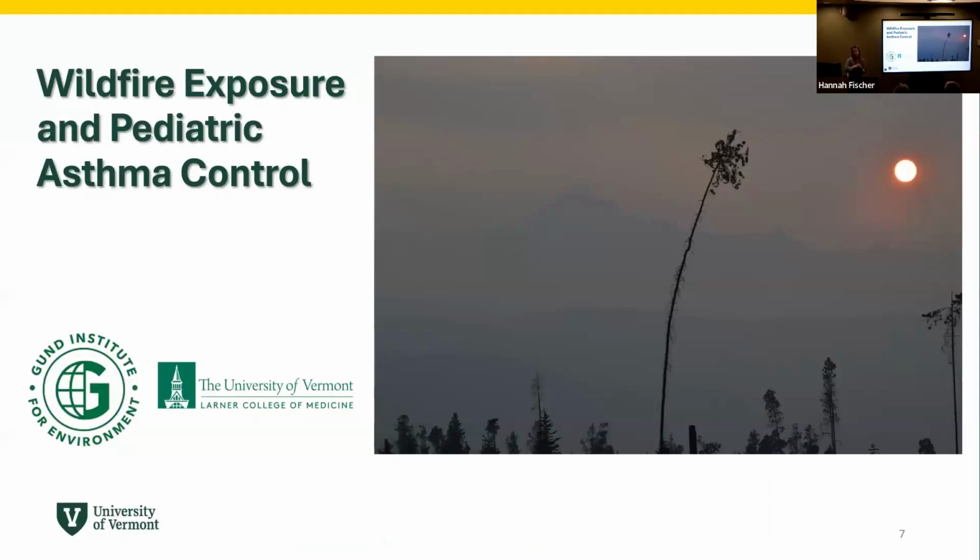We also did this wildfire smoke exposure and pediatric asthma control work. This was led by a PhD student in the Gund, Anna Massel, and my whole purpose was basically to show the distribution of PM2.5, a pollutant within wildfire smoke, and how it was distributed across zip codes as we were tracking asthma control over 3 summers.